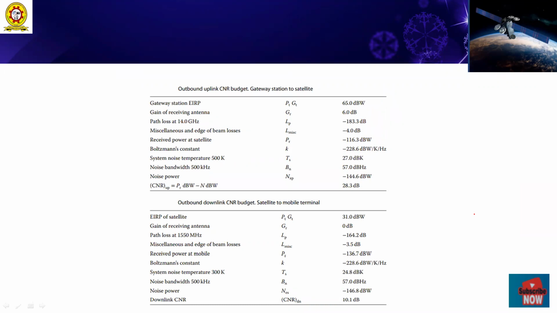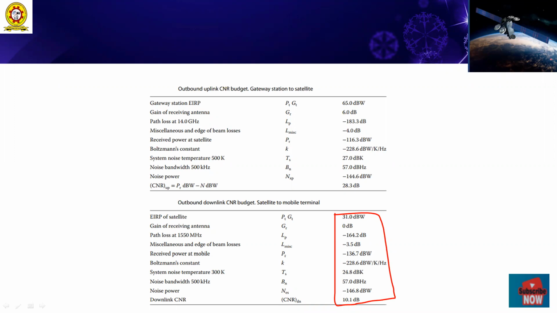They have this much data: satellite EIRP 31 dB, gain of the receiving antenna 0 dB, path loss minus 164 dB, miscellaneous and edge of beam loss minus 3.5 dB, received power at the mobile minus 136.7 dB, Boltzmann constant minus 228.6 dB, system noise temperature 24.8 dB, noise bandwidth 57.0 dB, noise power minus 146.8 dB, downlink CNR 10 dB.